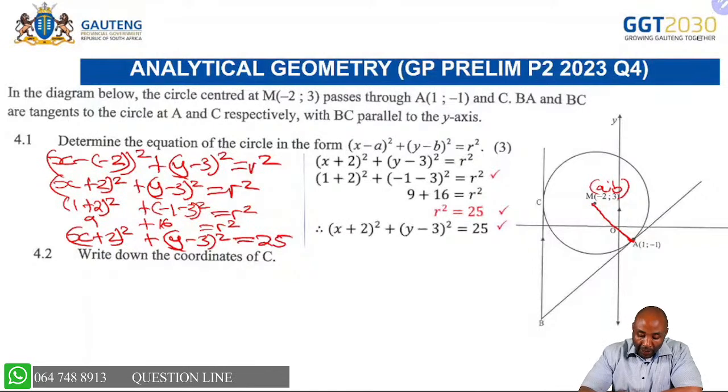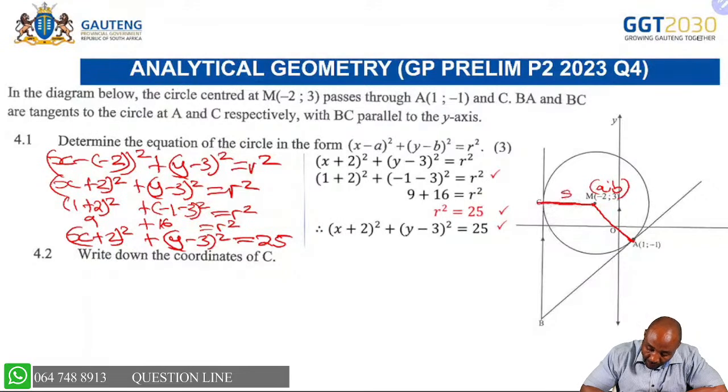The coordinates of C. If you check, C is on the tangent. You are able to see that you are going to have a horizontal line there, because if it's a horizontal line, remember the distance MC is going to be 5 units, but we are moving in the negative direction.